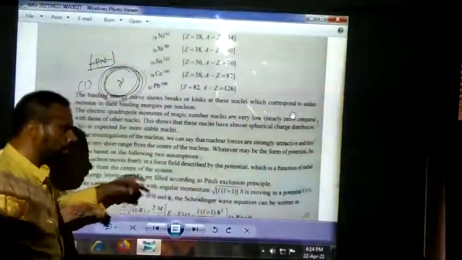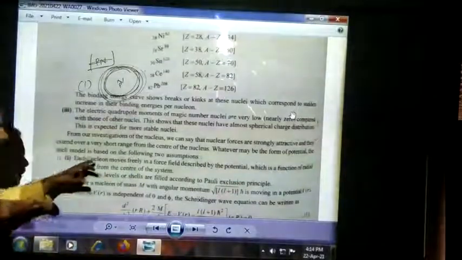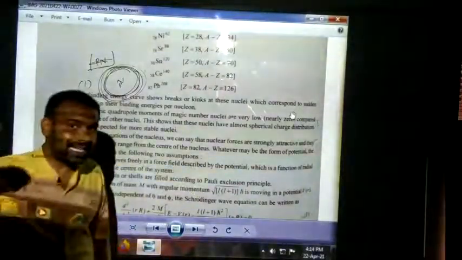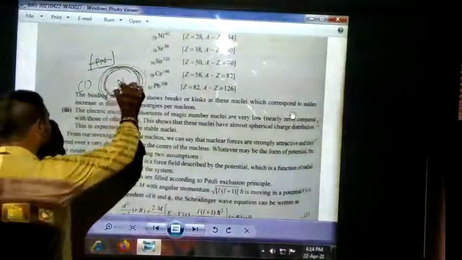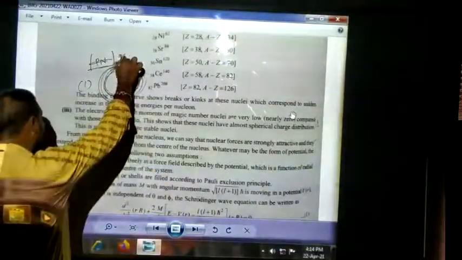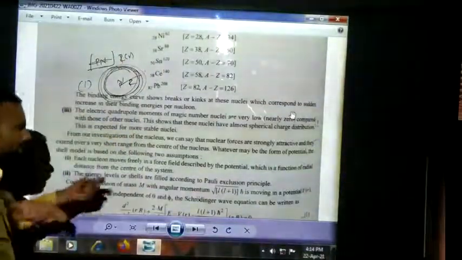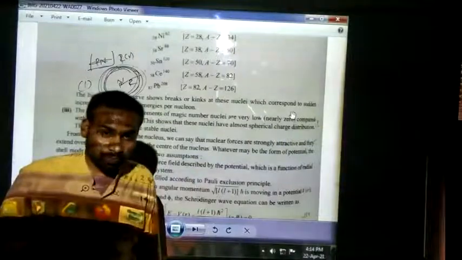Each nucleon moves freely in the force field described by the potential, which is a function of radial distance r from the center. Next, the energy levels of shells are filled according to the Pauli exclusion principle.